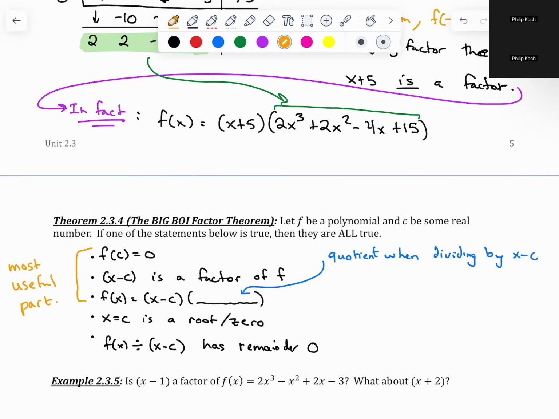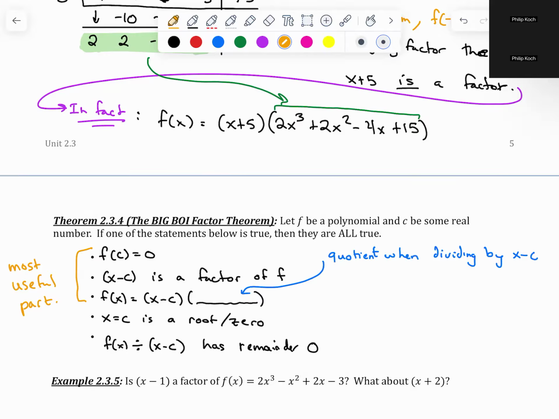The fact that x equals c is a root, that's just by definition. If f of c equals 0, then it's a root. That's just a fact that we learned in 2.2 at the very beginning, on page 2, if I remember correctly. That if f of c equals 0, then x equals c is a root. That's just a fact. But the far more useful facts are these first three.